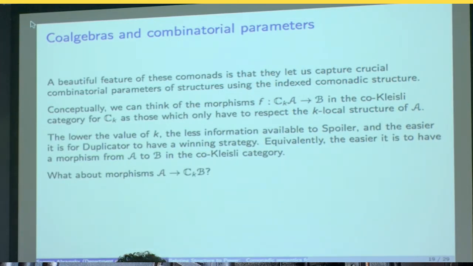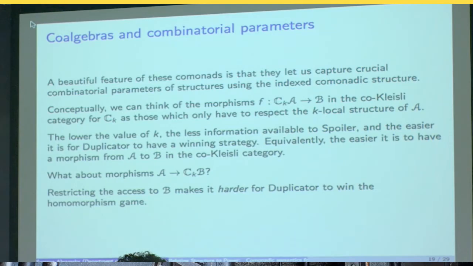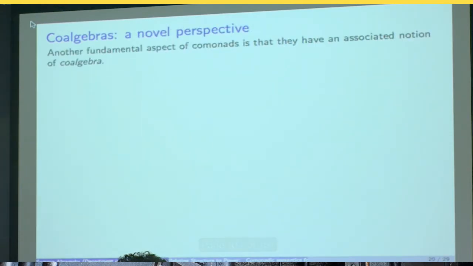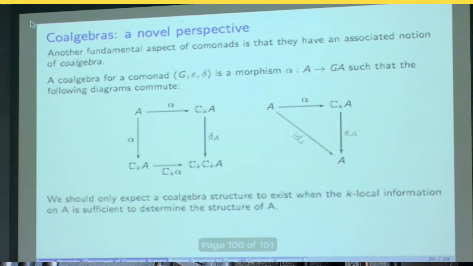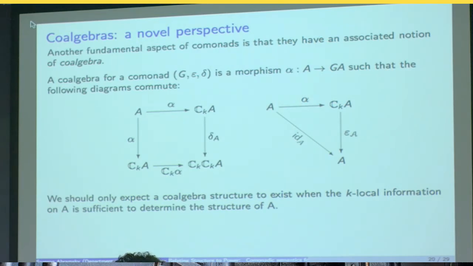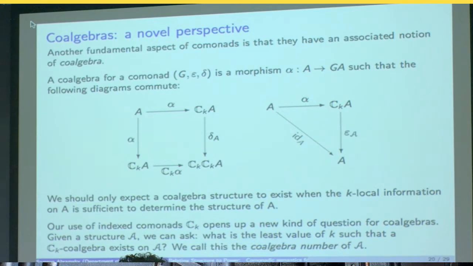But now we can ask, what about morphisms where the comonad goes on the codomain? Restricting access to B makes it harder for duplicator to win the homomorphism game. Well, of course, what we then start thinking of is coalgebras. So what we're saying is we should only expect a coalgebra structure to exist at level k when the k-local information on A is sufficient to determine the structure on A. And this indexing lets us open up a new kind of question for coalgebras, which we can recognize may have something to do with combinatorics, which is very much about extremal values of various quantities.